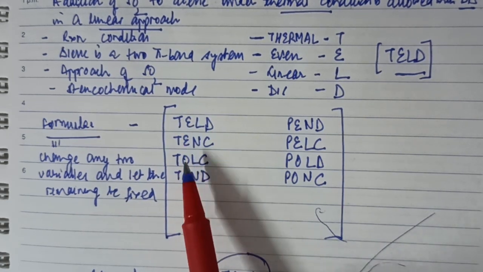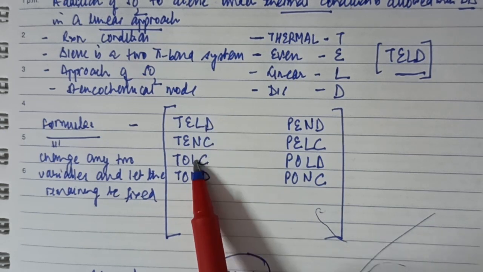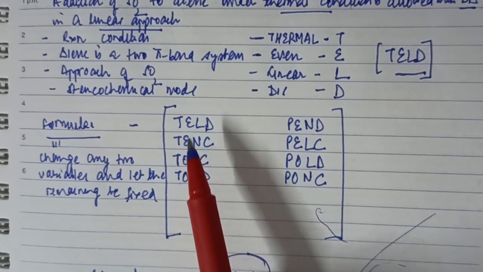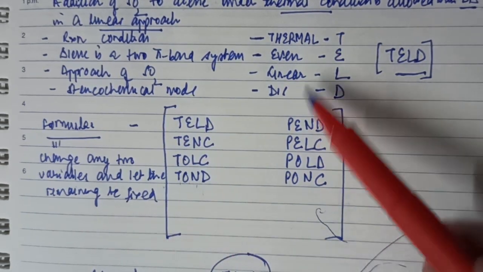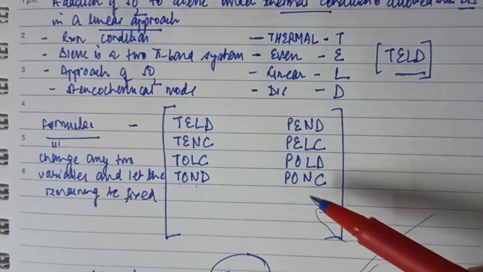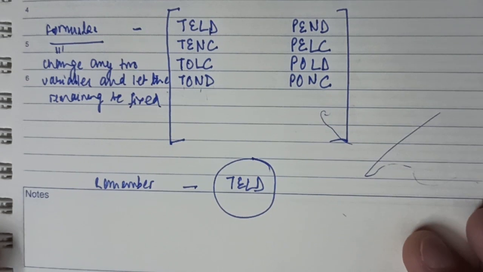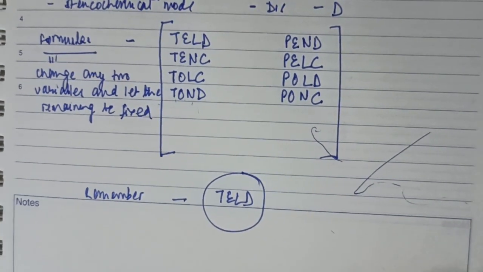Thermal fixed, even becomes odd, out of the two one has to be changed. Linear becomes, let's say linear only, dis becomes con. Thermal remains same, even becomes odd, linear becomes non-linear, dis remains dis only. So 4 formulas here, and similarly 4 formulas from the photochemical reaction, changing 2 things, keeping the 2 things fixed. You only need to remember one formula while working out the cheletropic reactions.